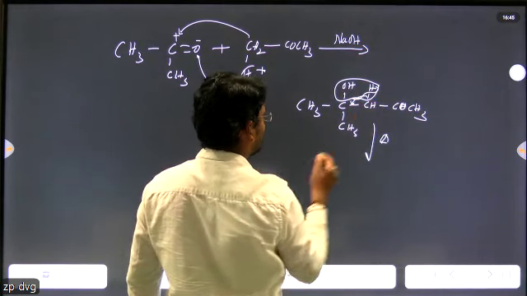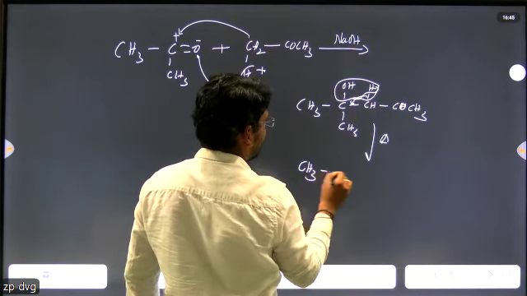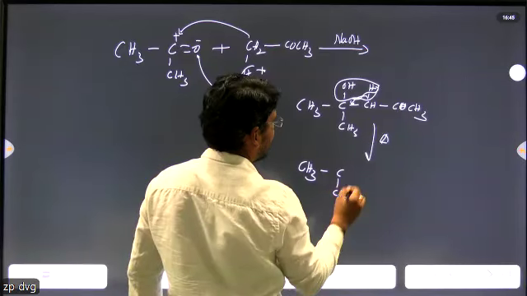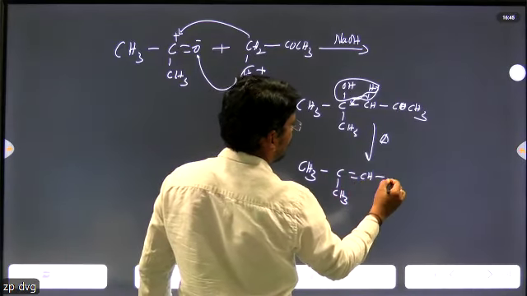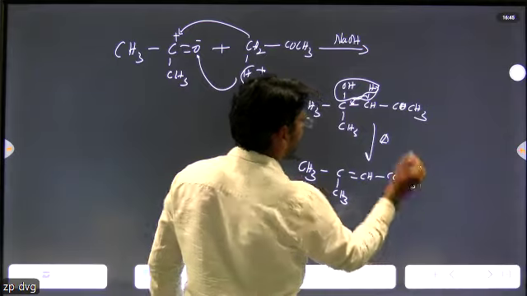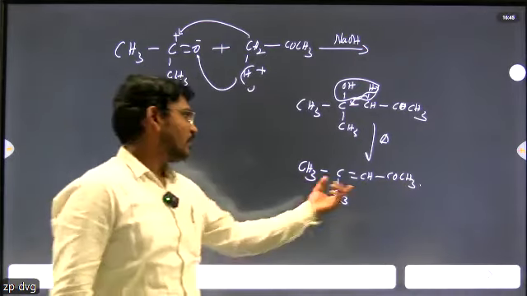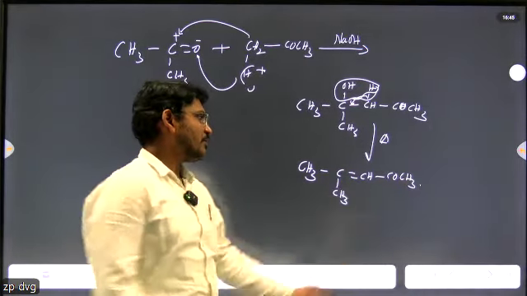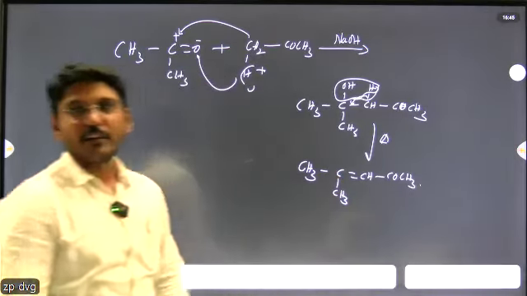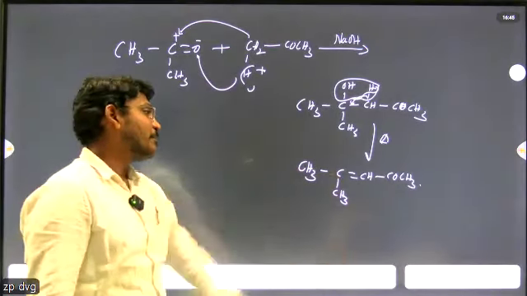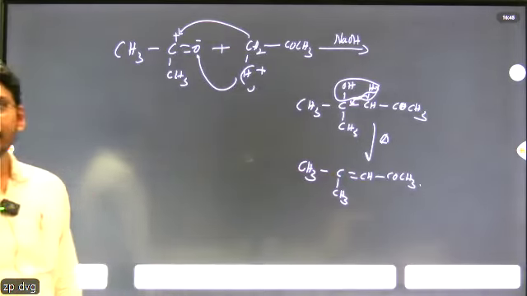This bond is shifted to here, and the final answer is CH3 C, CH3 double bond CH single bond CO CH3. I hope it is understood. Here also we get alpha beta unsaturated ketones.